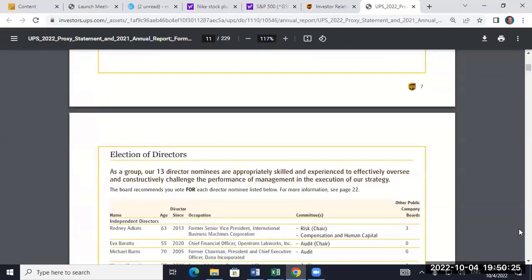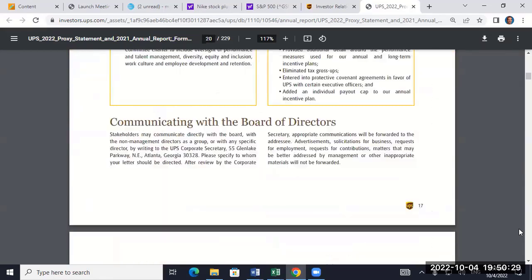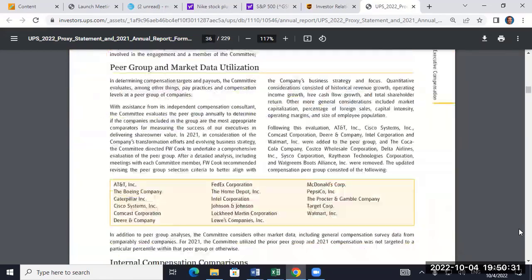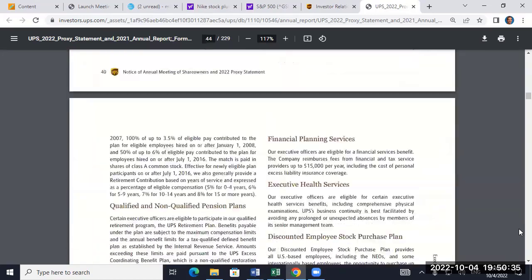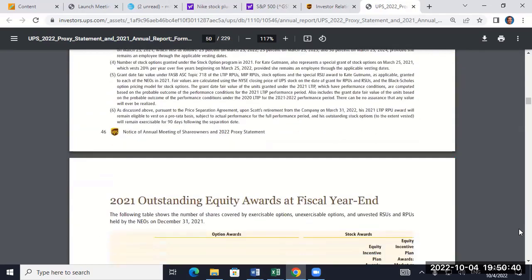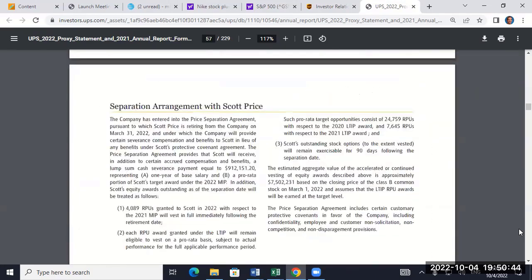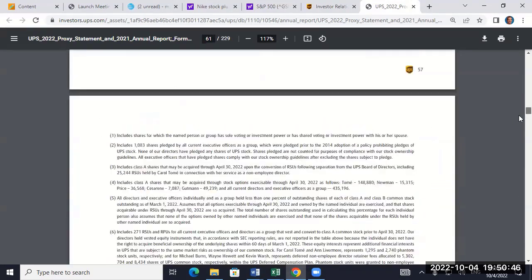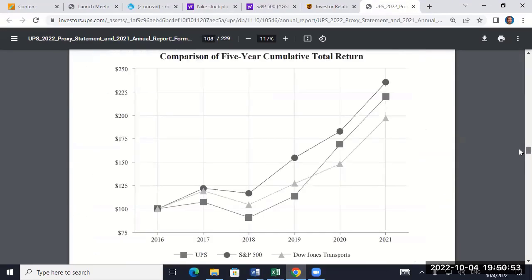All right, let's see if we can find financials here. You know, I always get excited when I see a chart.